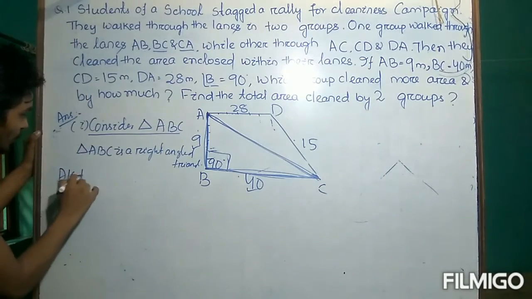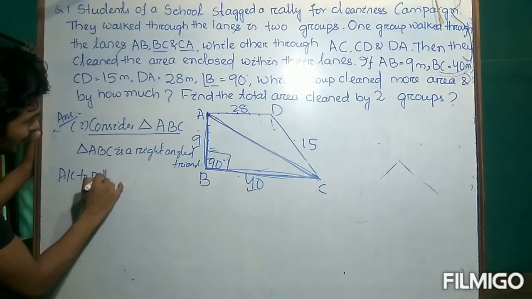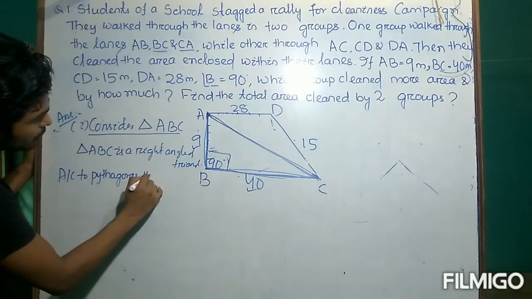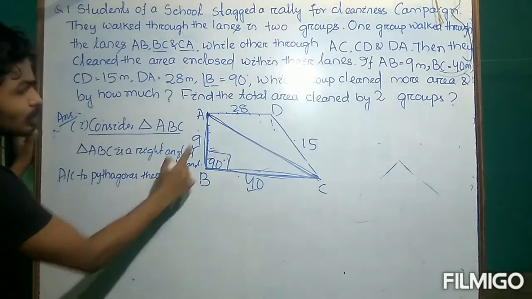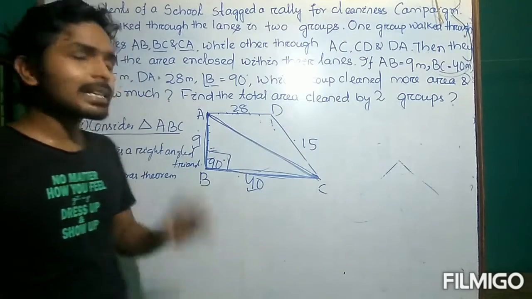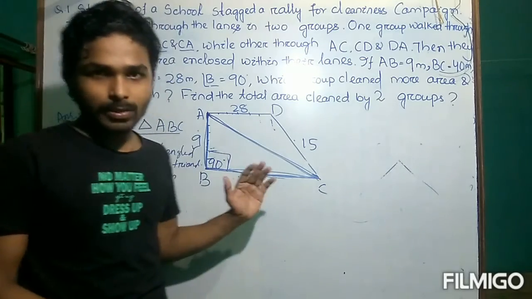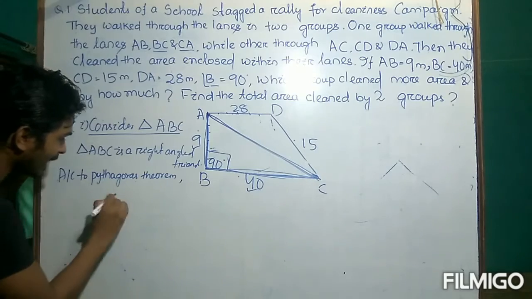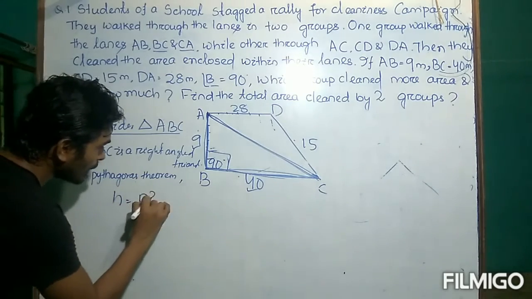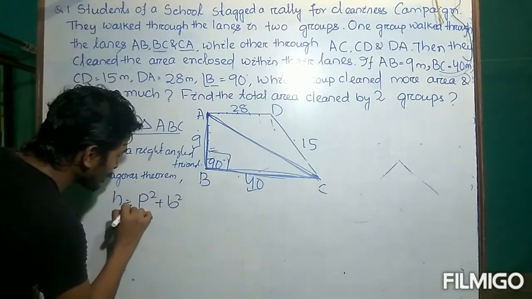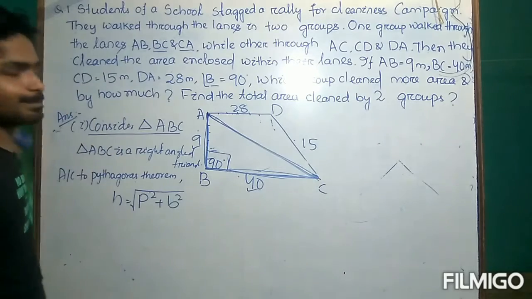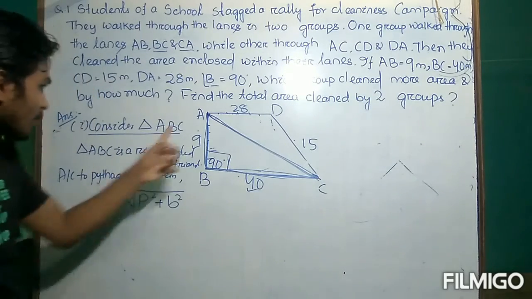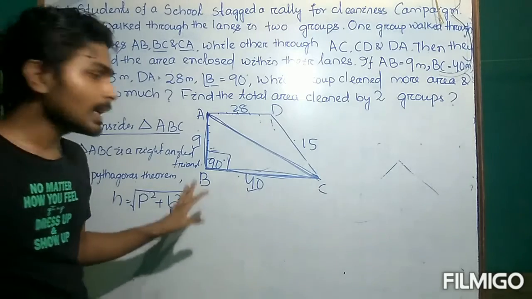According to the Pythagoras theorem, if two sides are given, then the third side can be found out. In mathematical form, it states that H is equal to the square root of P square plus B square. Here we have to identify which one is H, which one is P, and which one is B.